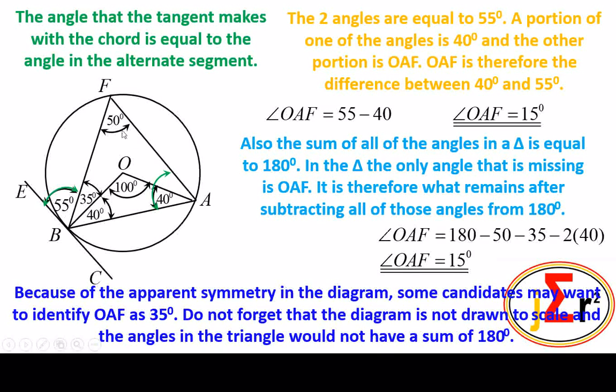So the sum of the angles in the triangle would not be 180 degrees if we should consider that this figure is symmetrical and just look at it and say that this is 35 degrees. It will be wrong on 2 counts. 1, it is not symmetrical because it is not drawn to scale. And 2, the sum of the angles would definitely not be 180 degrees.